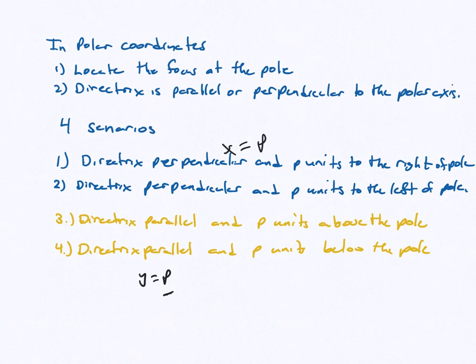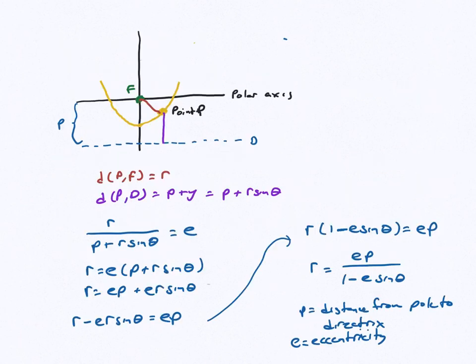So if we were using y equals -4, the actual value of p should be the absolute value, so p would equal 4. That would be the distance from the focus at the pole to the directrix. Okay, let's take a look at the derivation of these equations.